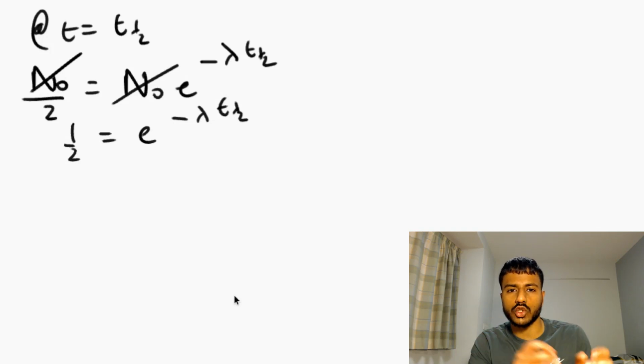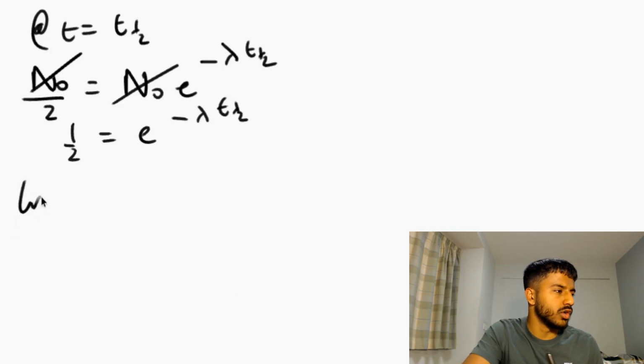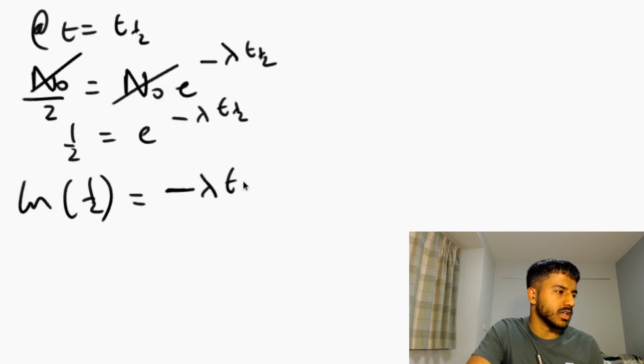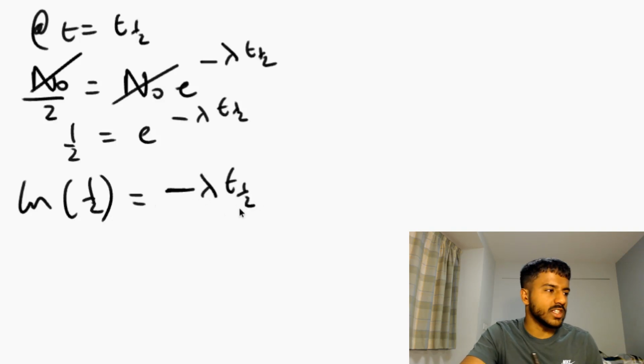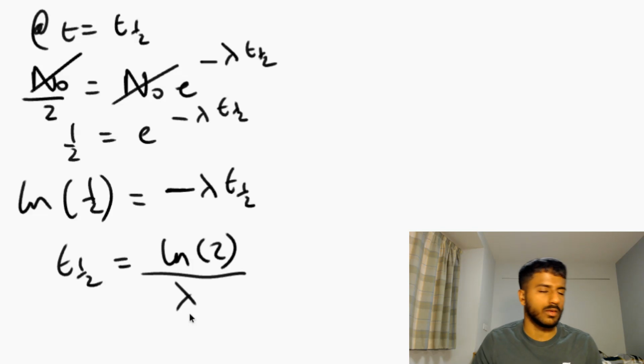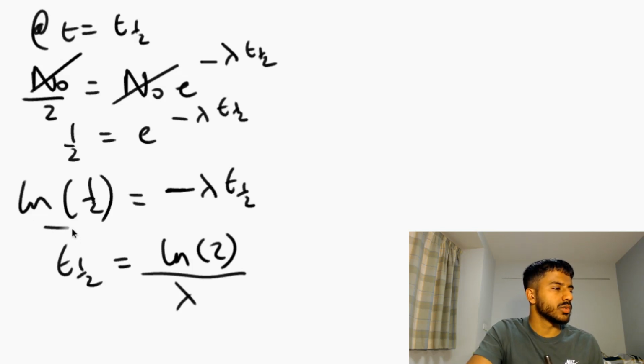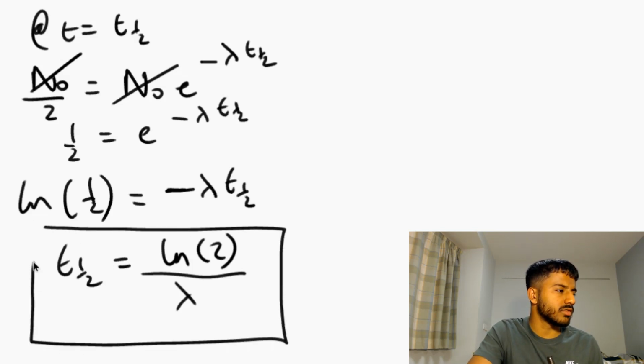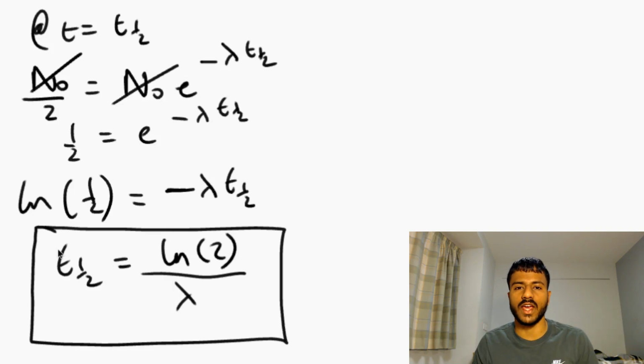And if we take the natural log of both sides, we get that ln of a half is equal to minus lambda T half. And if we do a bit of rearranging, we can get that T half is equal to ln of 2 over lambda. So we can see that the half-life is solely dependent on the decay constant. So this lambda value determines what the half-life of an element is.